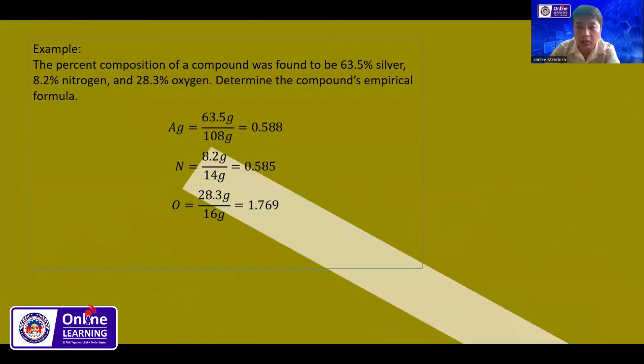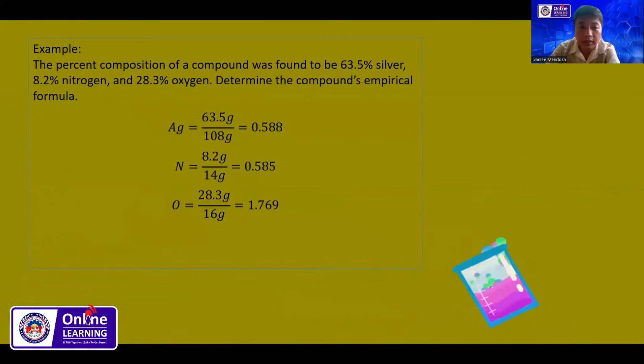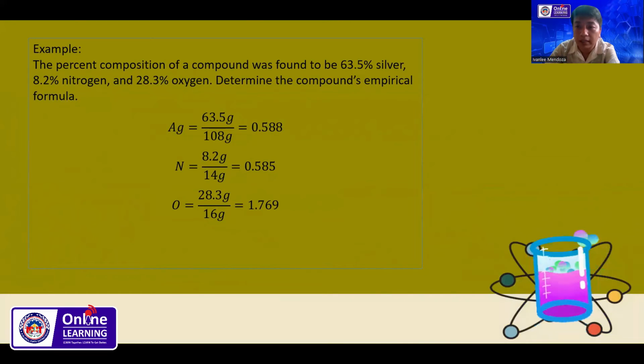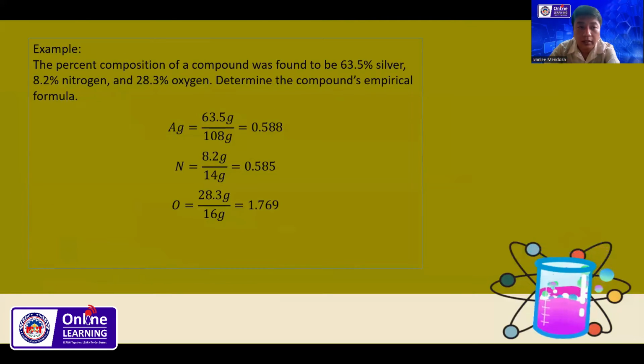So if you take a look at the solution, we have the silver, 63.5 gram, that is the percent composition, divided by 108 gram, that is the atomic mass of the silver. So you will come up with 0.588. Also in nitrogen, the percent composition is 8.2 gram divided by 14 grams.